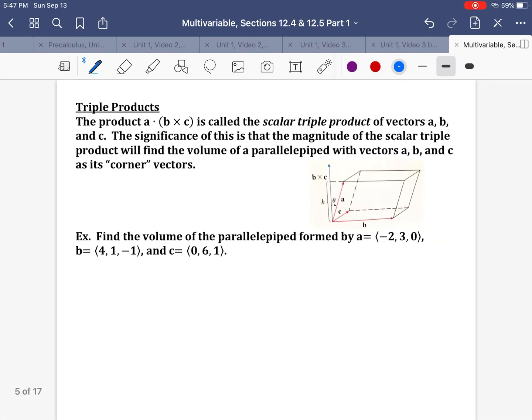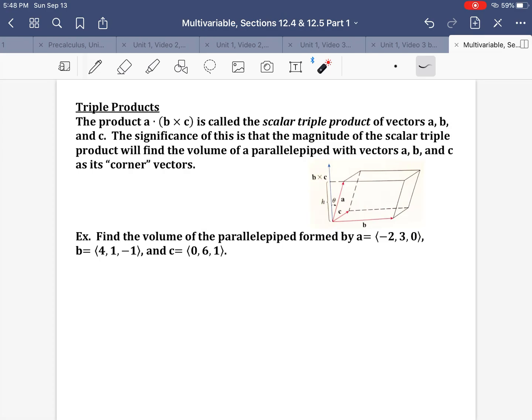All right, so then we have something called a triple product. A triple product is defined as this little piece right here. When you have 3 vectors, it's a scalar triple product. Those 3 vectors meet up at a corner over here, and the shape that you would draw for this is kind of like a 3D parallelogram.